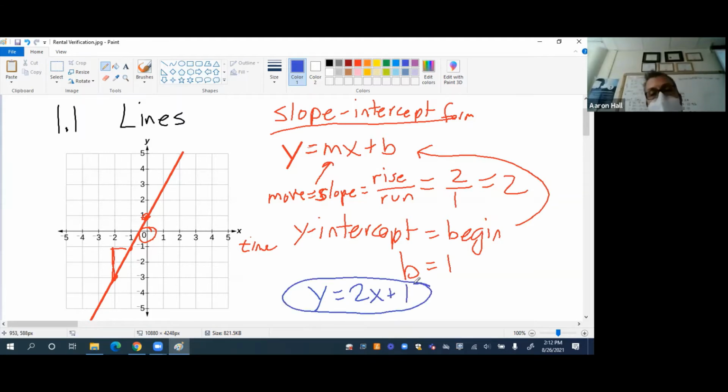How many solutions does this equation have? Infinite. Yep, I can put any value in for x and it'll give me some value for y. There are infinite solutions. All right, so we have slope-intercept form. What is another acceptable equation for a line?